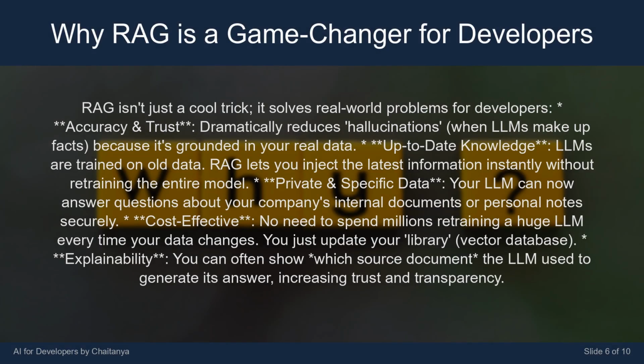RAG isn't just a cool trick. It solves real-world problems for developers. Accuracy and trust: it dramatically reduces hallucinations, when LLMs make up facts, because it's grounded in your real data. Up-to-date knowledge: LLMs are trained on old data. RAG lets you inject the latest information instantly without retraining the entire model.